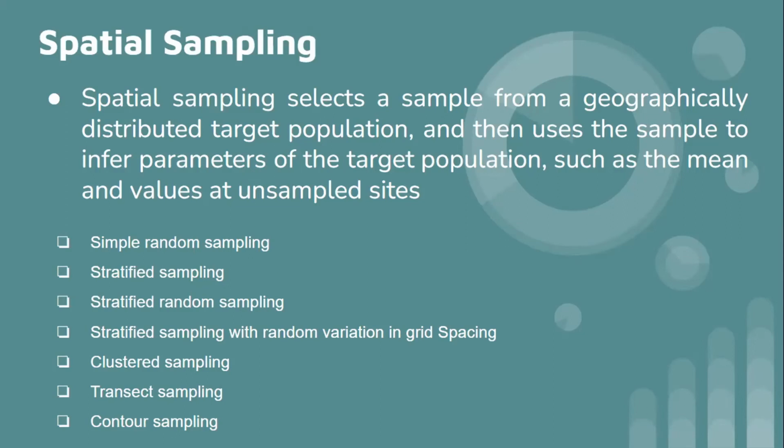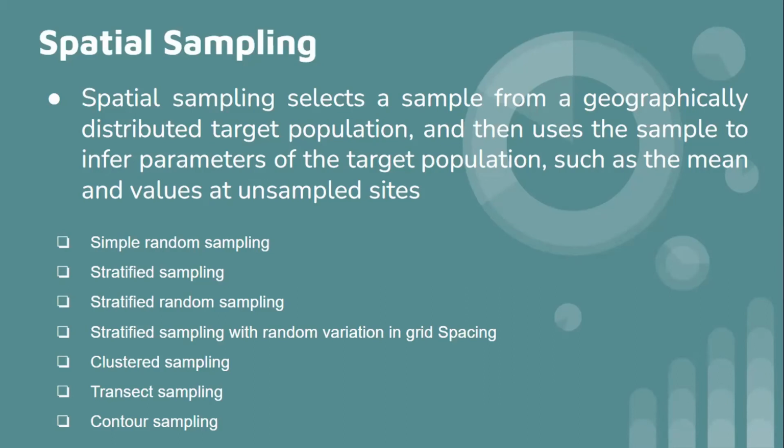Yes, there is simple random sampling, which takes sampling points randomly from the population, and there can be some errors in simple random sampling. Then we go for stratified sampling. We divide the population into cells and take 1 or 2 points from each cell. Then there is also stratified random sampling, where from the cell we randomly select a point, and stratified sampling with random variation in grid spacing.